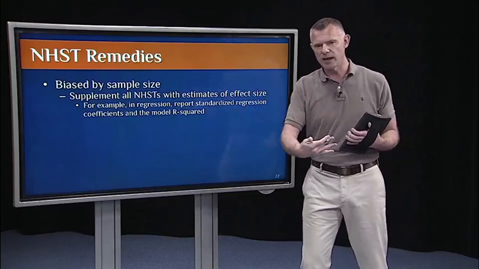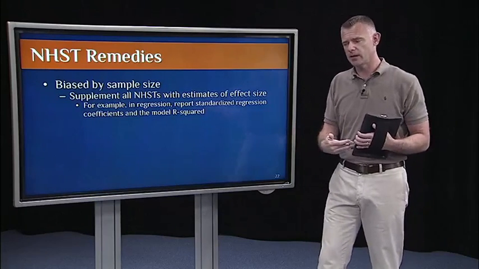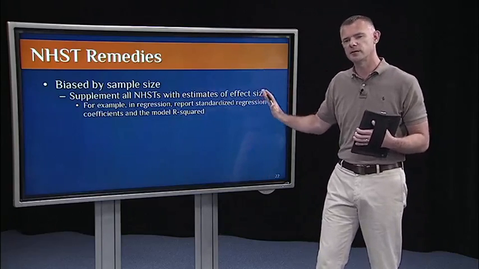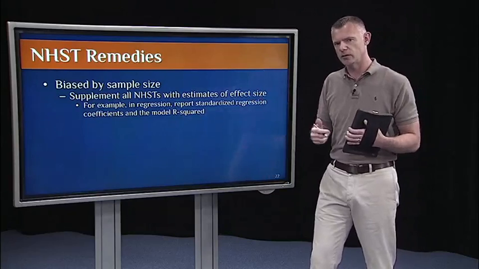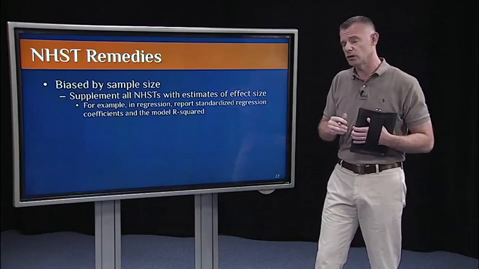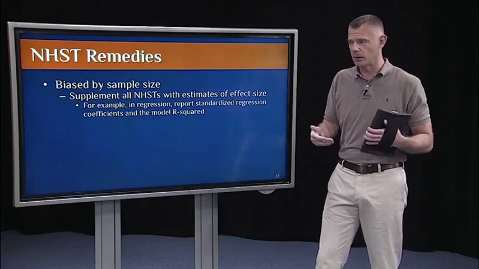And just being educated about what NHST does and doesn't do is a huge step of the way there. So if you understand this segment or this entire lecture, then hopefully you won't make the mistakes that some people make when interpreting p-values and the idea of statistically significant.